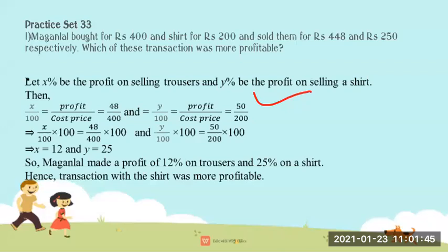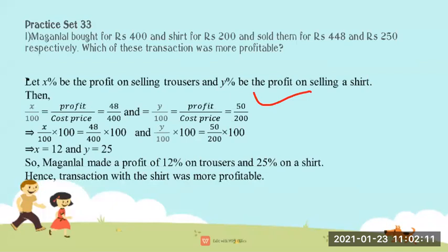So 48 divided by 400. And Y% means Y upon 100 equal to profit divided by cost price. This is the formula of profit percent. So Y upon 100 equal to profit upon cost price. Now here in the shirt we got a profit of rupees 50. So 50 divided by 200.